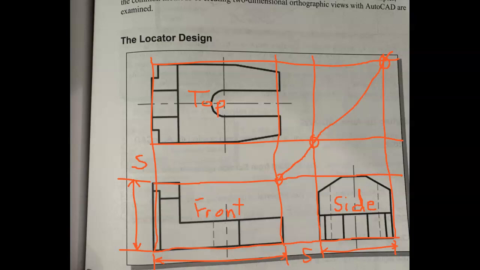But as I mentioned in the last lecture, I don't want you using those intersection points when you create your 9th line. I want you to start with this intersection point, go up, draw a line of a certain length, and then physically type in the 45 degrees.